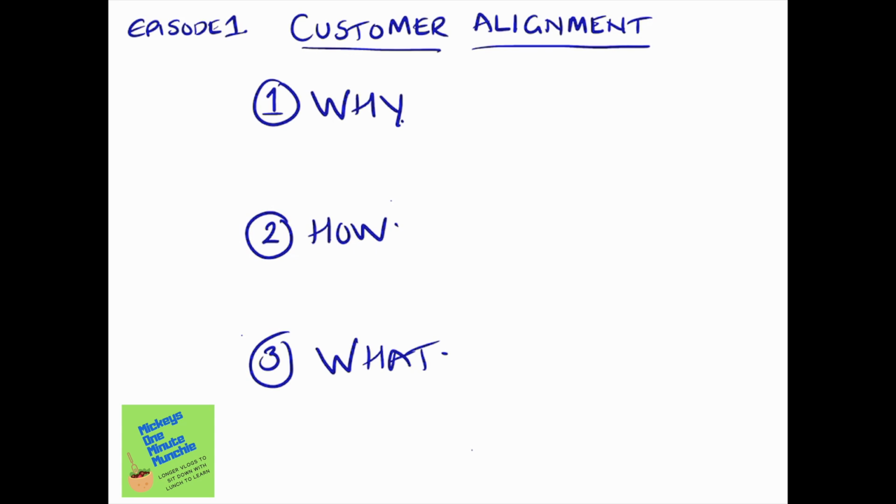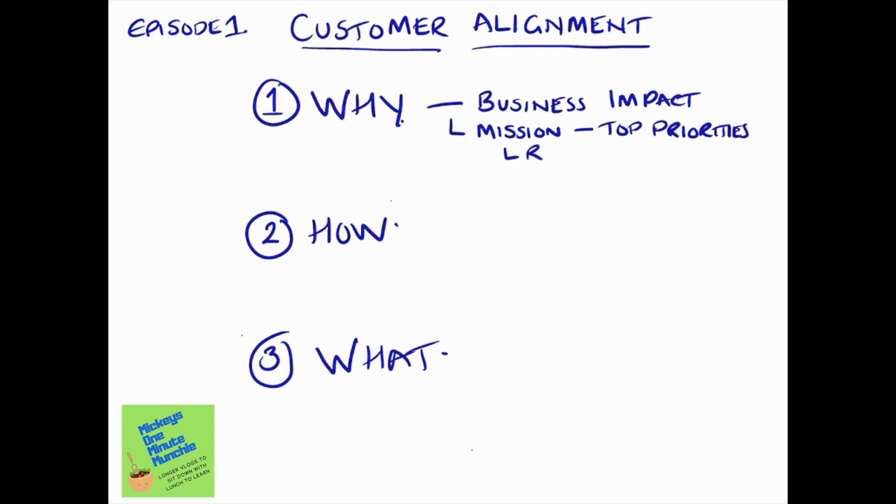So what is the why? The why is the business impact. Why is a customer or a potential customer doing anything, and what's the impact they want? Quite often this is linked to their mission or vision statement, and then the organization's top priorities, which typically drive revenue plus margin.